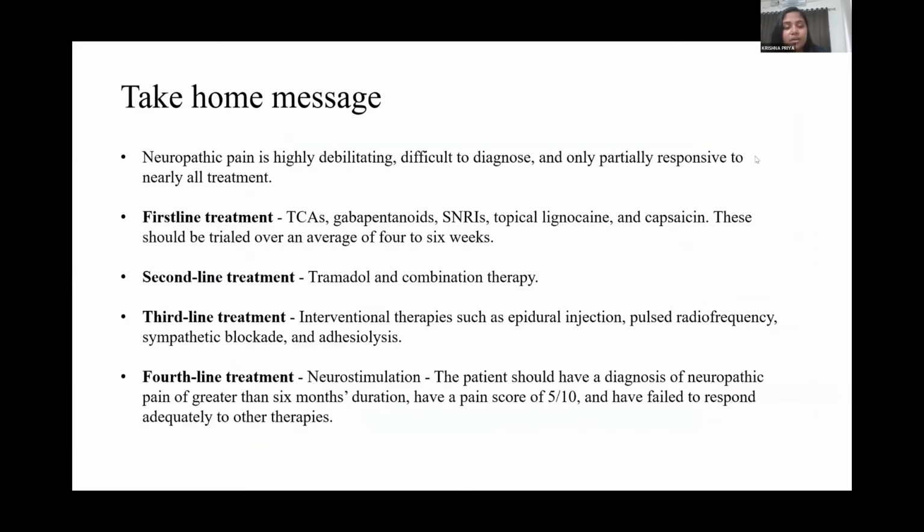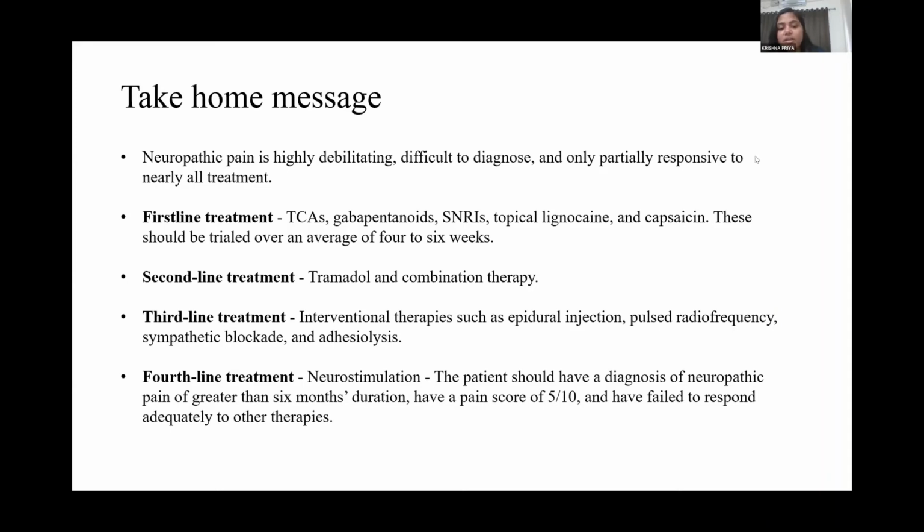So the take-home message is that neuropathic pain is highly debilitating, difficult to diagnose, and only partially responsive to nearly all treatment. So the first-line treatment could be TCAs, gabapentinoids, SNRIs, topical lignocaine, and capsaicin. And this could be trialed over an average of 4 to 6 weeks. The second-line treatment, we can try with tramadol and combination therapy. And the third-line treatment could be interventional therapy, such as epidural injection, pulsed RFA, sympathetic blockade, and neurolysis.